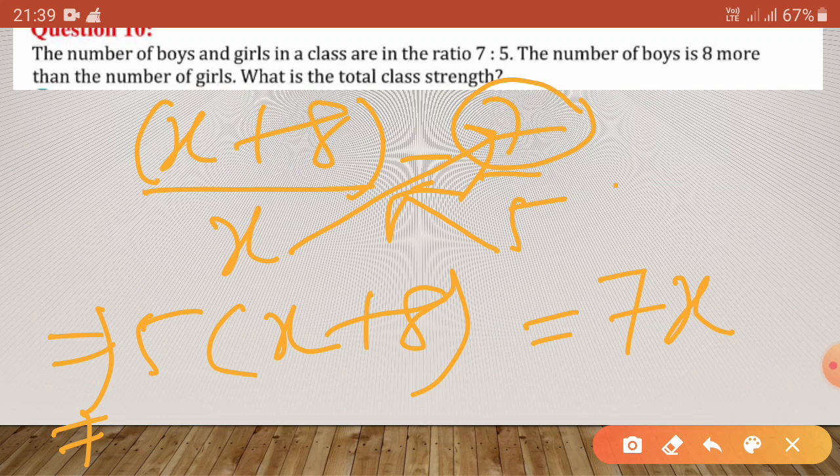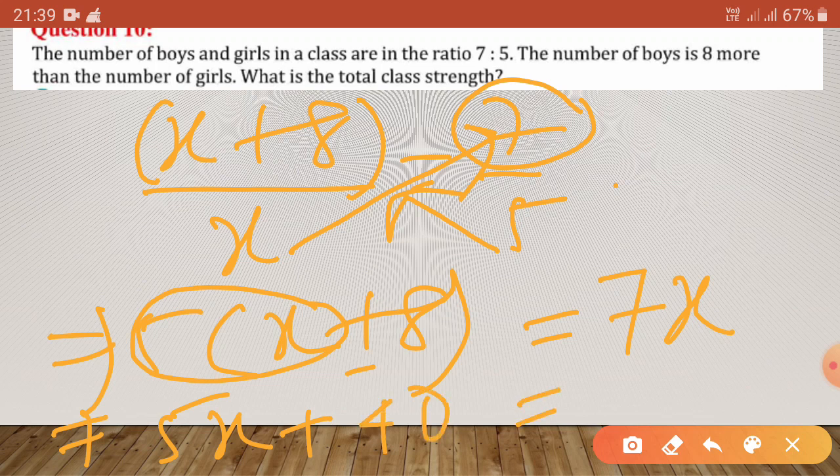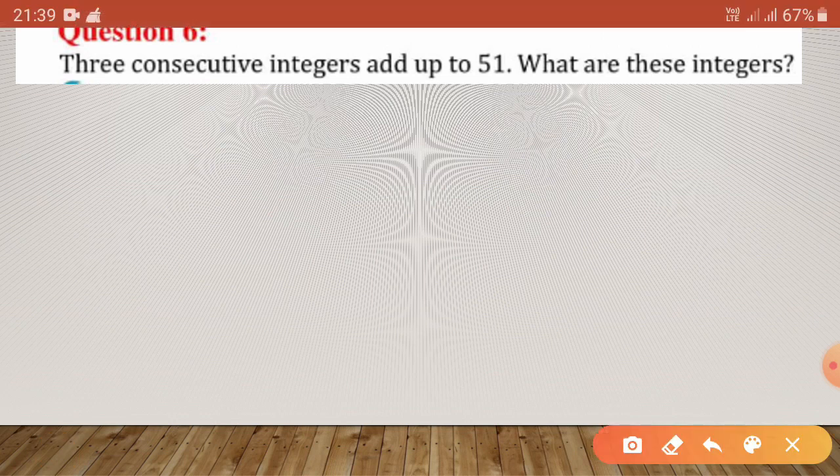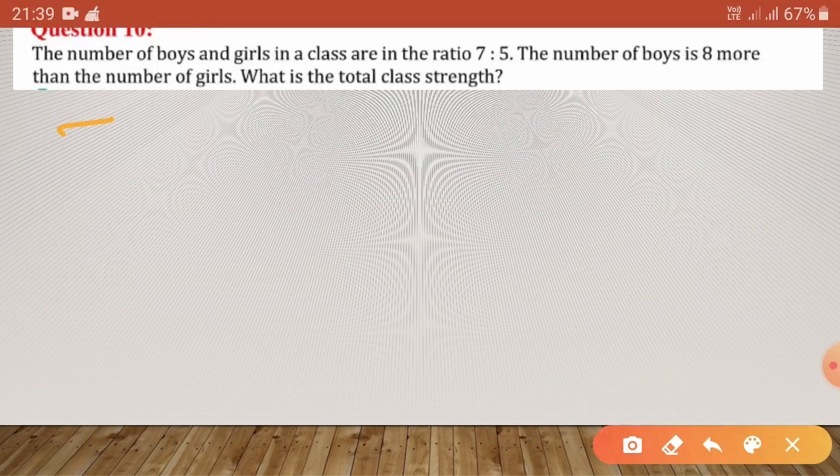So on the left side we got 5x, 5 into x is 5x, then plus, and then 5 into 8 gives us 40. So it gives us 5x plus 40 equal to 7x.